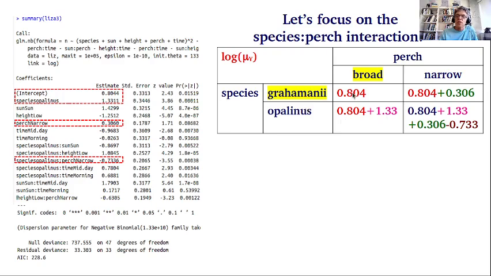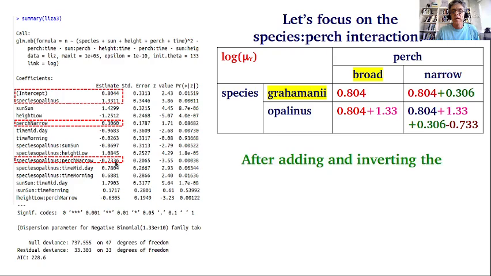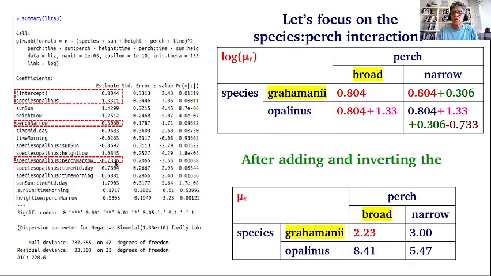And if I now change from the combination of reference levels, Grahami and broad, to narrow, I must add these two coefficients and the interaction, which is here. So after adding and inverting the link function, what we have here are the predicted values of the mean for the 2 by 2 combinations of each of these explanatory variables.